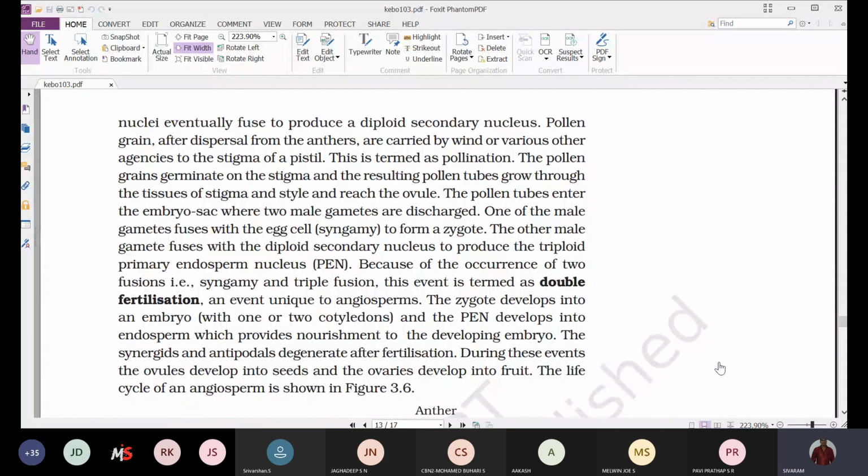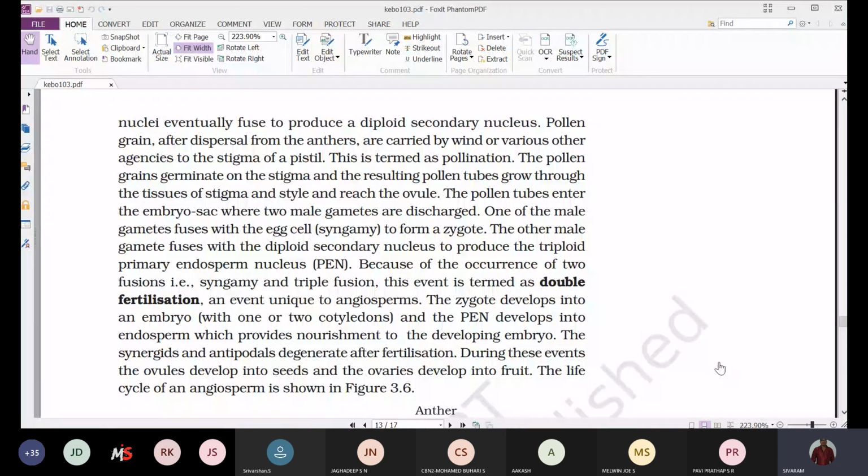Next, the function of the first male gamete is over. We already said the pollen tube will discharge two male gametes. And what happens with the second male gamete? Already we told you, at the center of the embryo sac we find two nuclei, which are called polar nuclei.